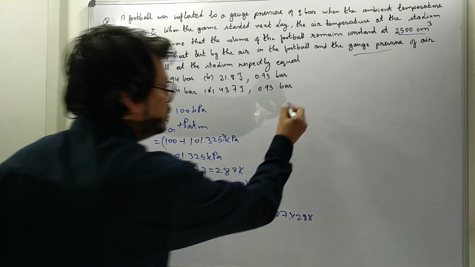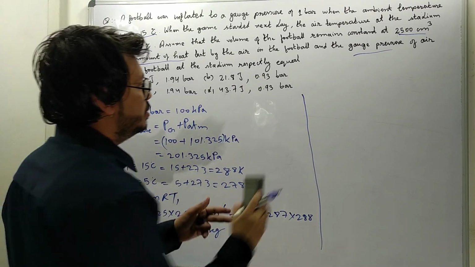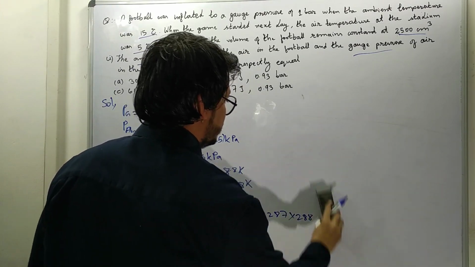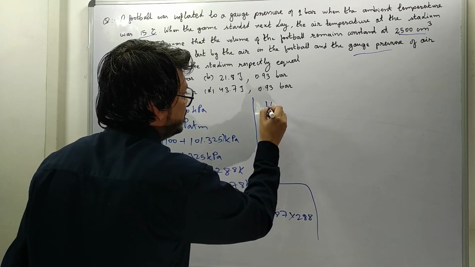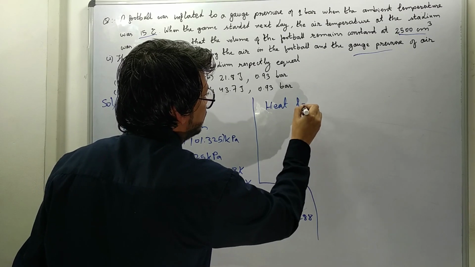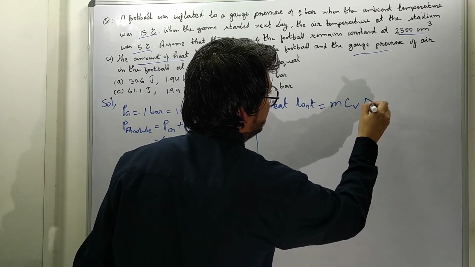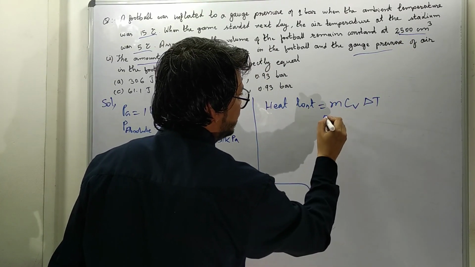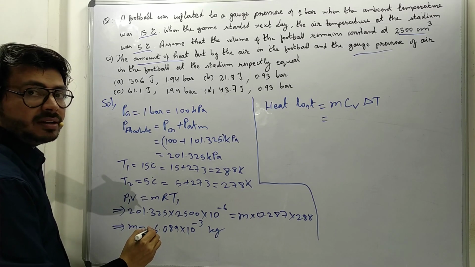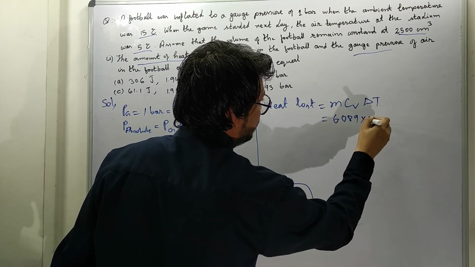Now heat lost is equal to m Cv delta T, because it is constant volume. Mass we have calculated, 6.089 into 10 to power minus 3.